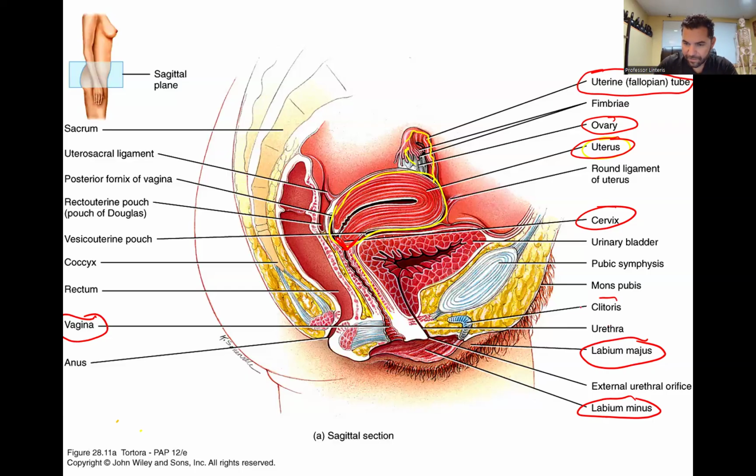And we can see we have the clitoris here. And there are some urinary structures. The first one being the urinary bladder and the urethra, where the male had a double function urethra that was longer and carried semen and carried urine. The female reproduction is separated.